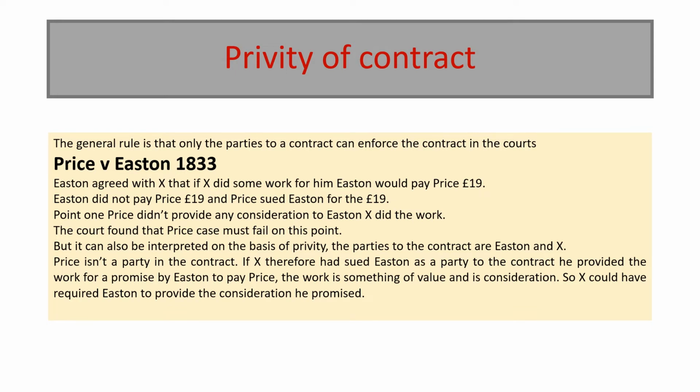Let's speculate a bit and think of some reasons. Well, number one, X could have owed Price £19, and by Easton paying Price £19, he could have cleared his debt, and effectively providing the work to Easton cleared his debt that he owed Price. That might be a possibility.